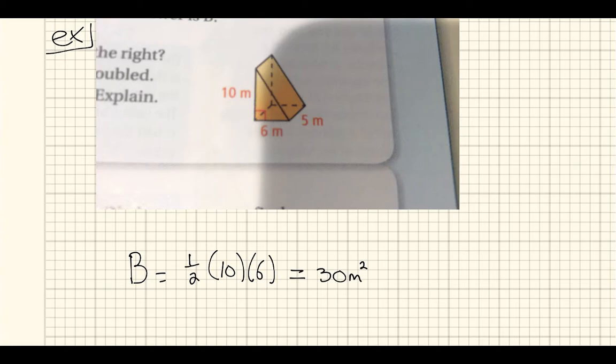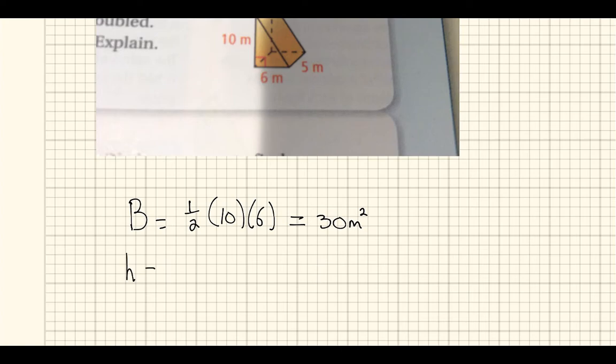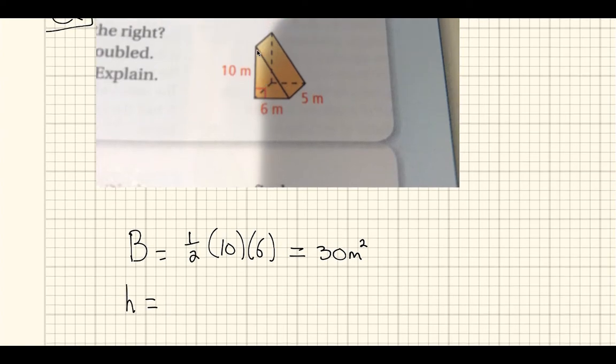We also need to find the height, because the volume is the area of the base times the height. Again, you might be tempted to think of this as the height, because it's moving vertically up and down, but remember, in a prism, the height is the distance between the two bases. So the height of this prism is 5, because that's the distance between the two bases. Think of it as laying on its side.